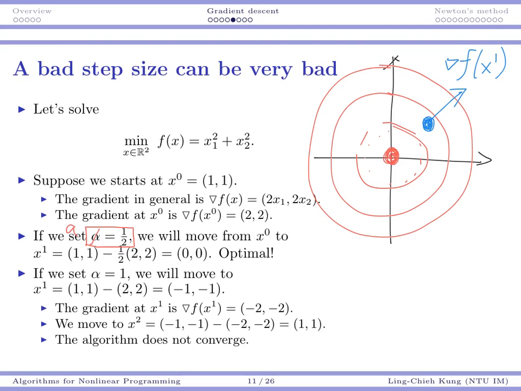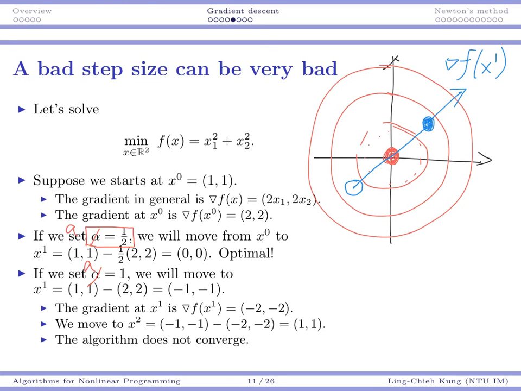In that case, this a is wonderful. On the other hand, if we set a to be something else, then what's going to happen? For example, if we set a to be 1, then of course we're going to move a larger distance. You can see that if alpha is 1/2 we land here, but if alpha is 1 we land exactly opposite with respect to the origin.